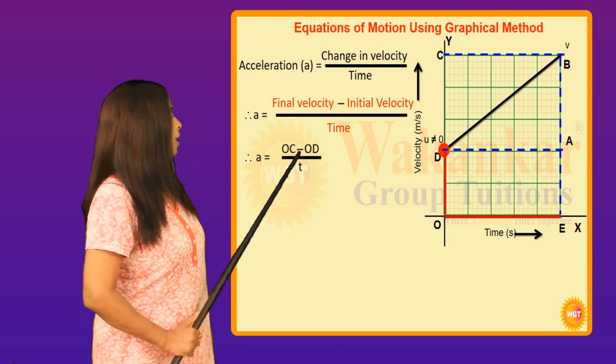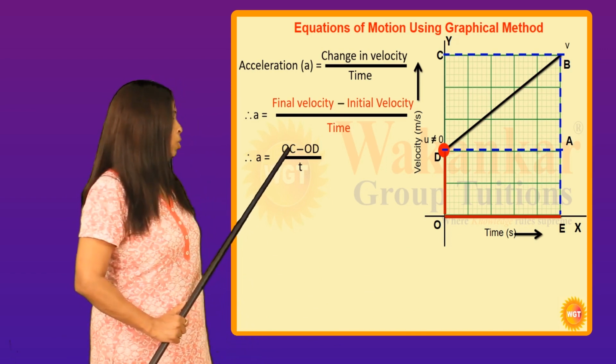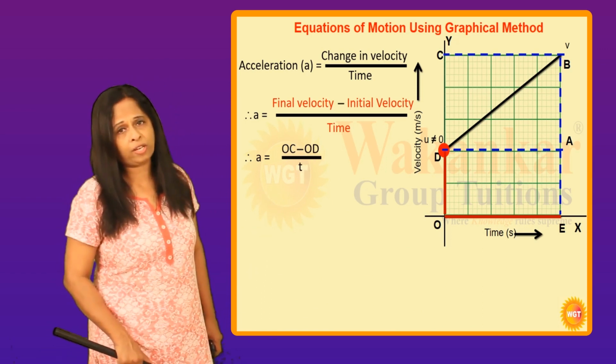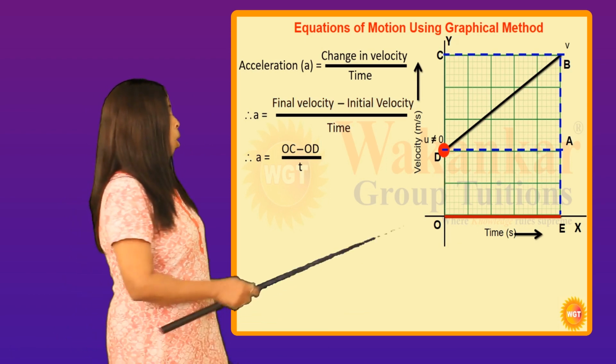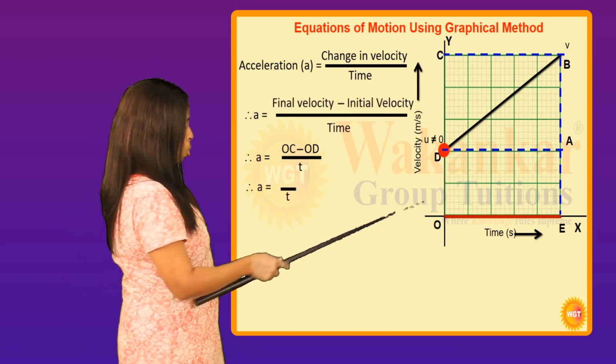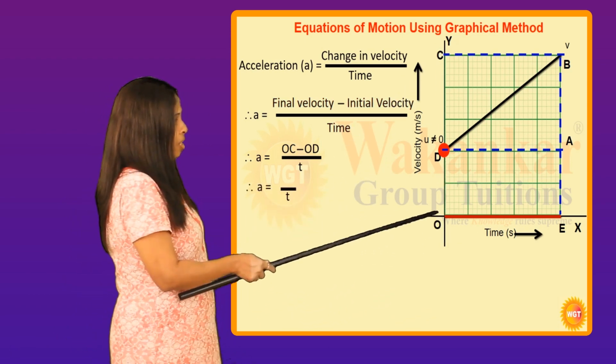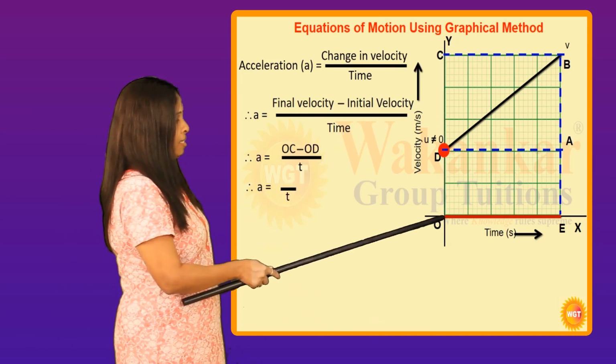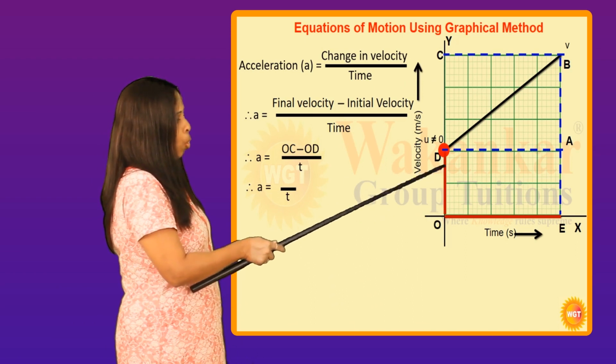Let us go ahead. Here in the numerator, I have got OC minus OD. What can I write for OC minus OD? Let us see. OC, this is entire OC, minus OD.